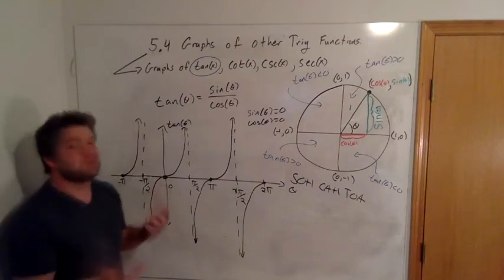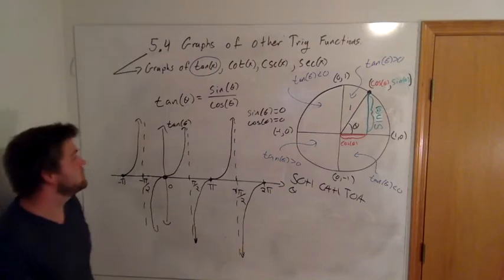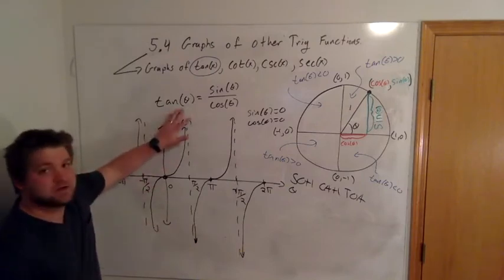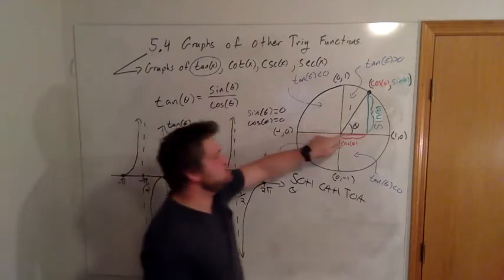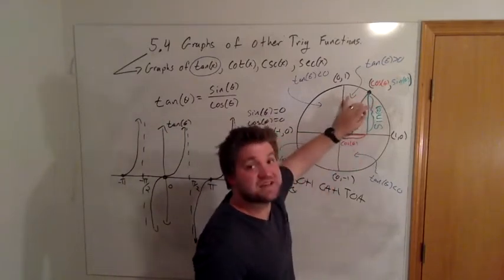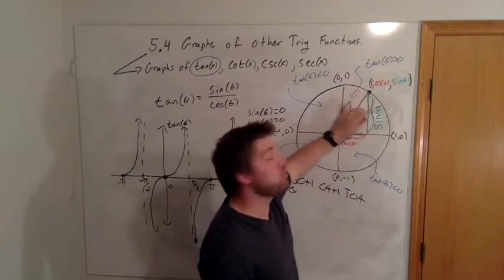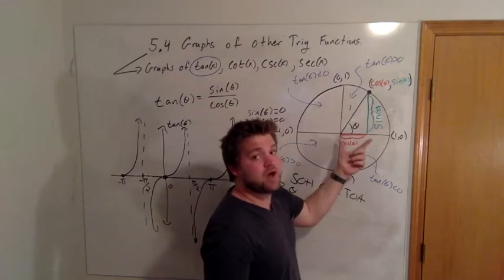Okay, here's something better. What is tangent on the unit circle? Well, tangent is sine divided by cosine. Sine tells us a height or a rise. Cosine tells us a width or a run.